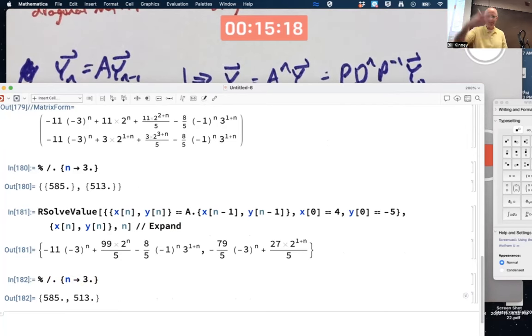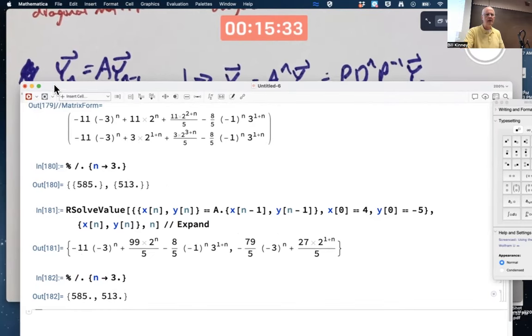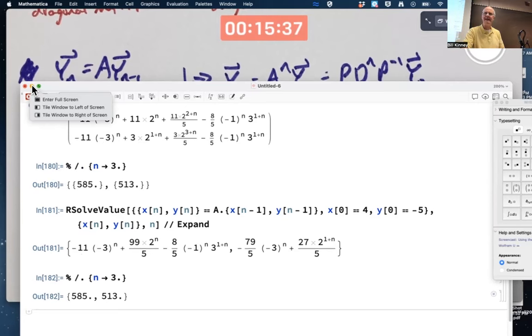So we check it. Percent sign refers to the preceding output. The slash dot and the other stuff allows me to plug in a value of n into that preceding output. And I'm using a decimal so that it rounds, but I evidently didn't need to do that. Okay, so it does work. It's a pain, but it does work.